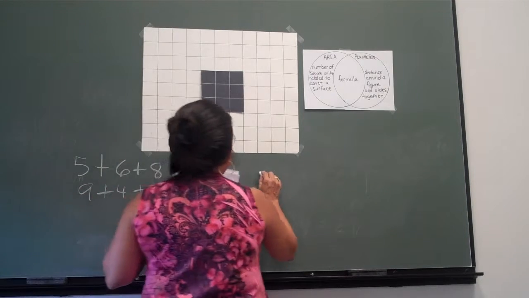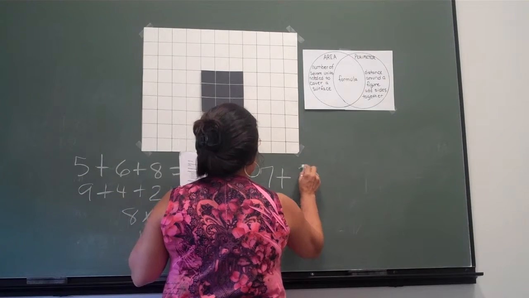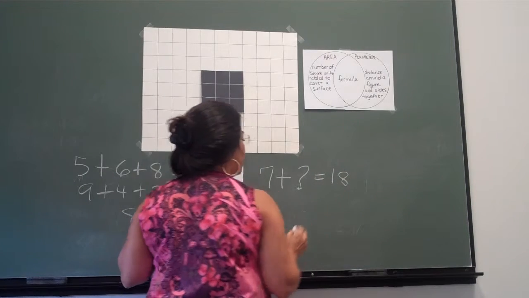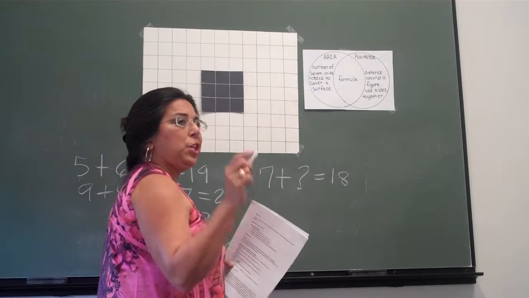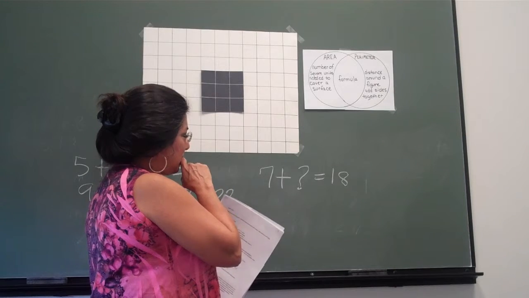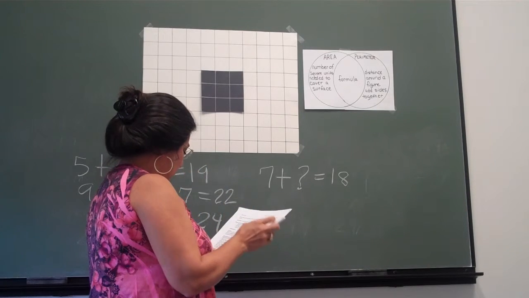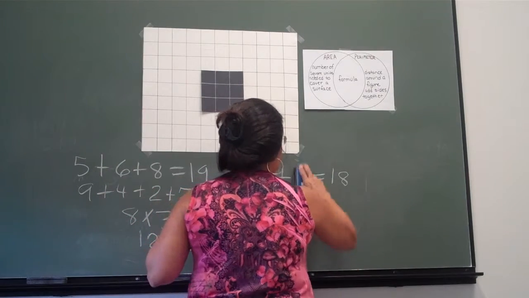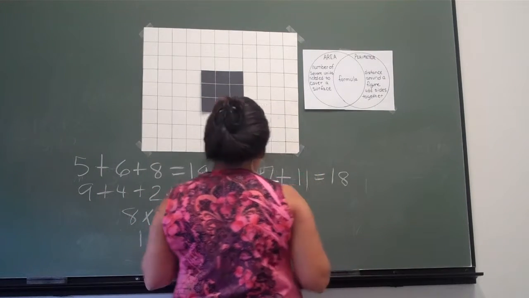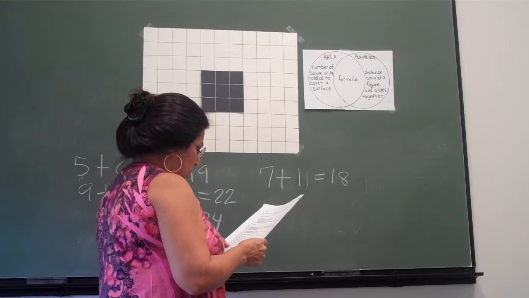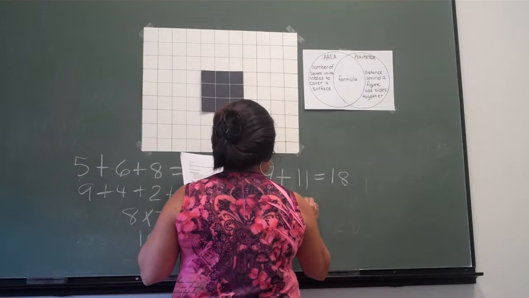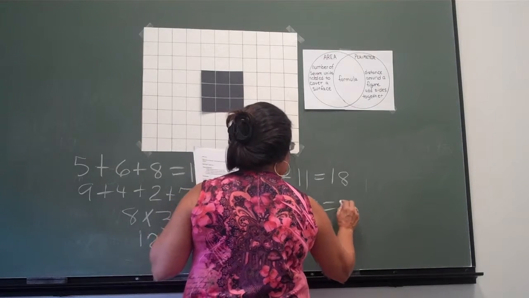Okay, so if I were to write 7 plus a question mark is equal to 18, what could you give me, James? 11, that's correct. So this is the missing digit. What about Susan? Could you help me with A times 9 is equal to 27?